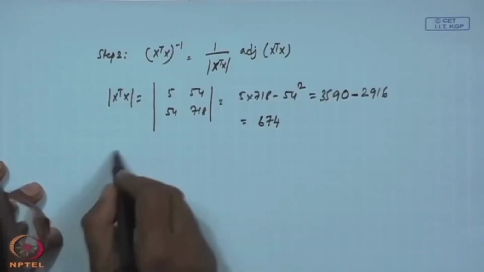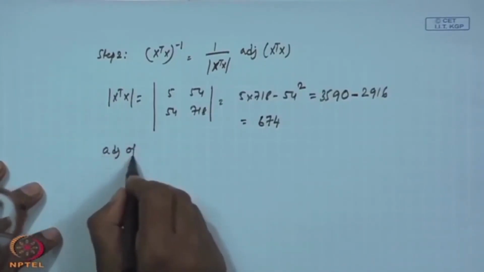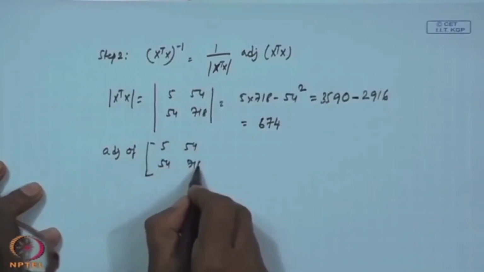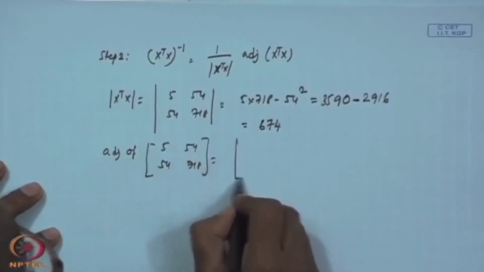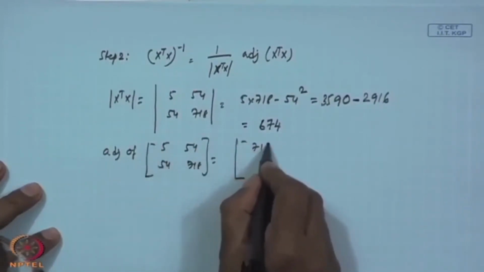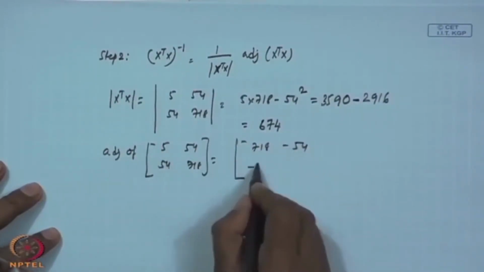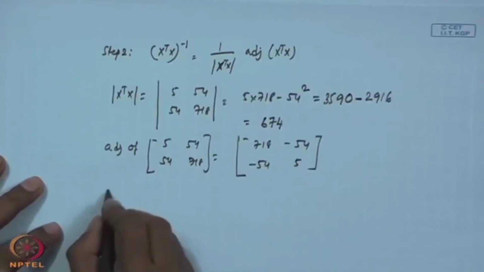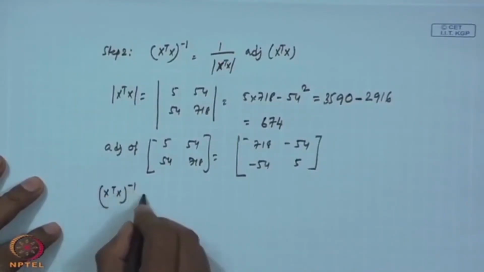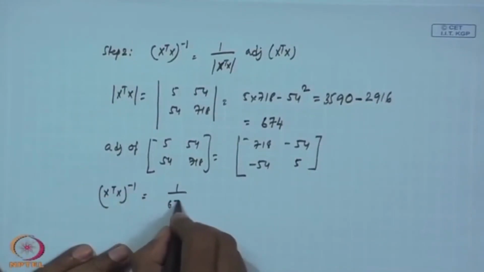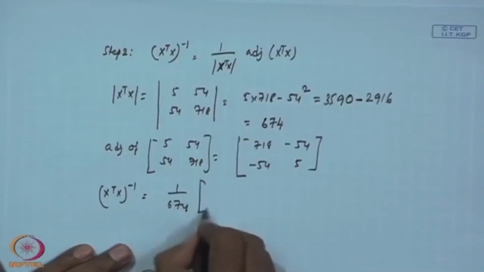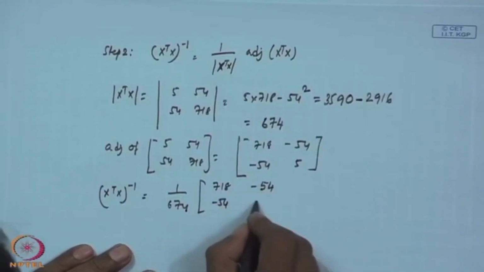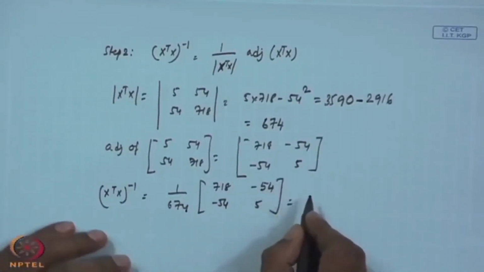Okay. Now, the adjoint of this matrix 5 54 54 718 will become 718, minus 54, minus 54, 5, like this. So, your x transpose x inverse will become 1 by 674 into 718 minus 54, minus 54, 5.